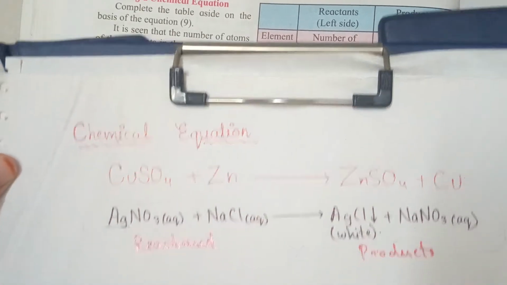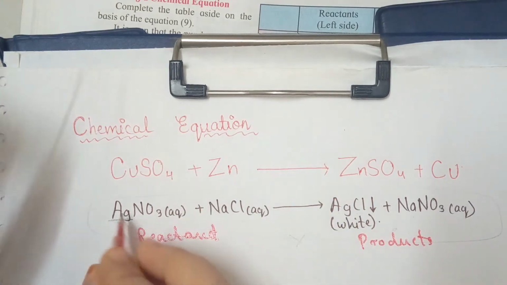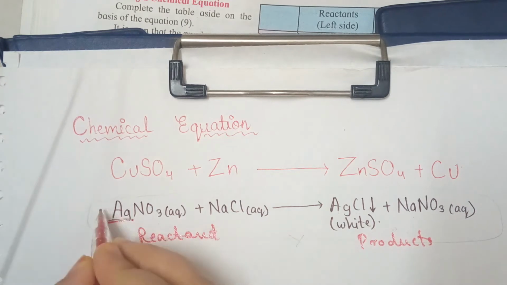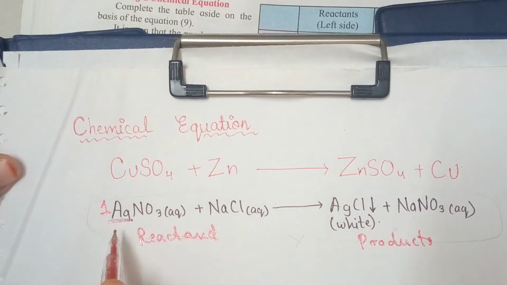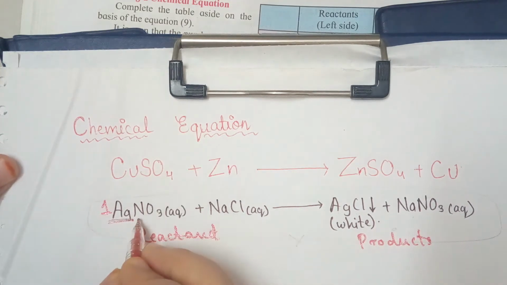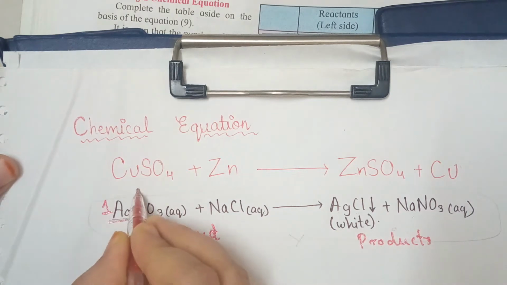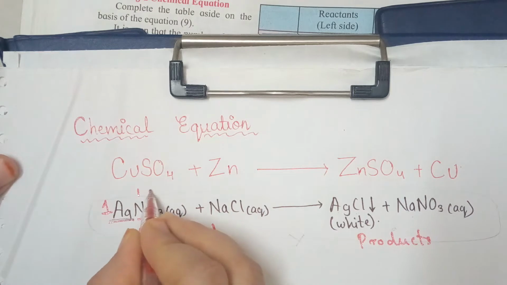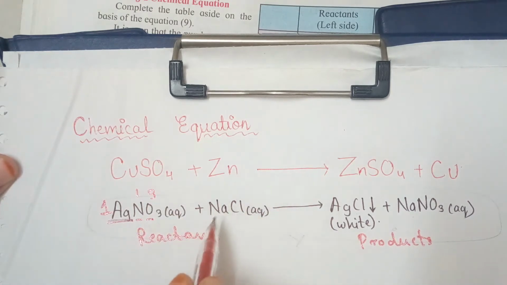All right, so if we observe here the number of atoms of silver or Ag, so here total 1 Ag is there, and 1 atom of nitrogen and 3 atoms of oxygen are there. And if we look here, in sodium chloride, 1 atom of sodium and 1 atom of chlorine.